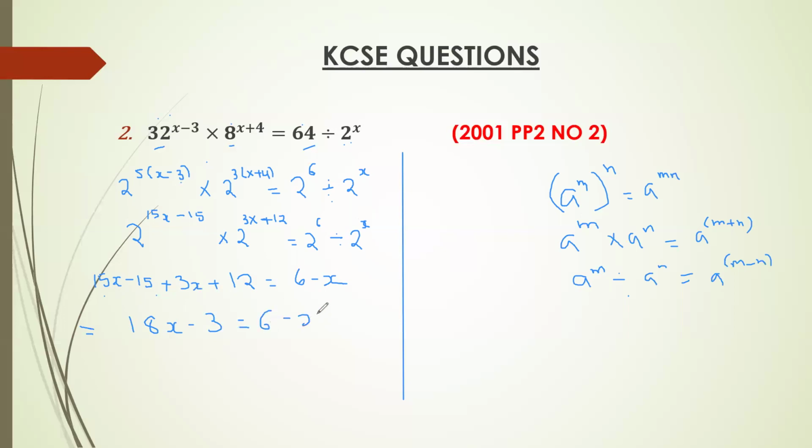After collecting the like terms, tena sasa hii negative 3, hii negative x peleka hapa kwa negative 3 na hii negative 3 iende hapa, so itakuwa ni 18x plus x equal to, sorry, it's not 18, nimekosea mahali, it should be 5.